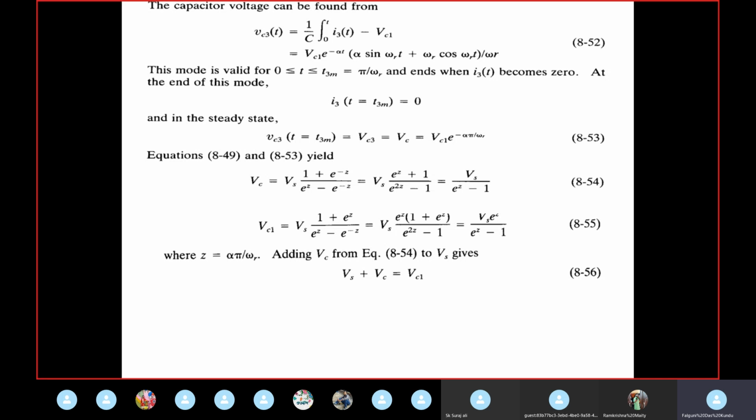And here a term z is used, which is nothing but alpha pi by omega r, and adding Vc to this equation, we get Vs plus Vc is nothing but Vc1, okay?